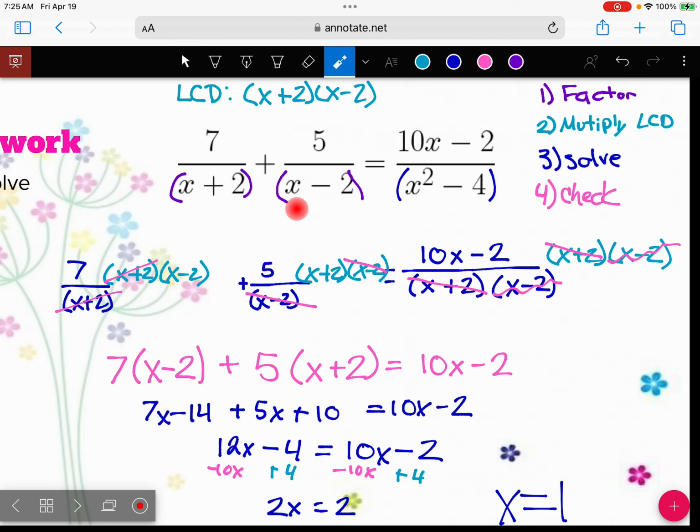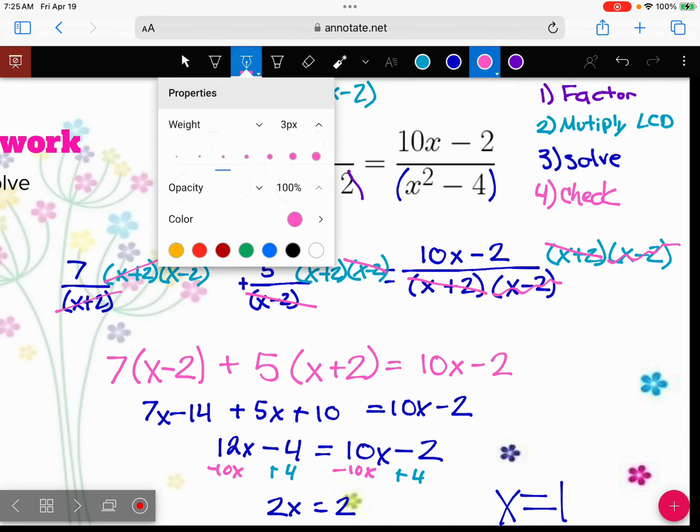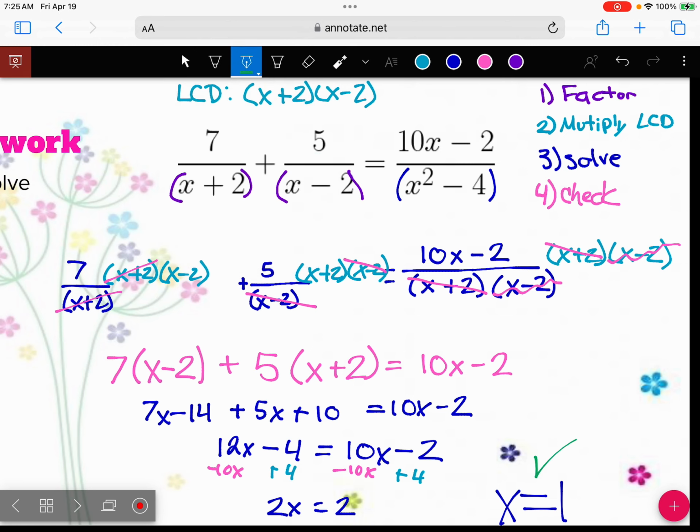Nope. If I sub my 1 in for x, is my denominator 0? Nope. Nope. So this is an actual solution. This is a valid solution. We checked it. We don't care what the other part of the solution is, just that it works.